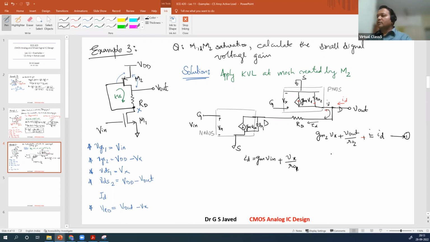Now you equate these two equations. So what will that become? gm1 V in plus Vx by RO1.